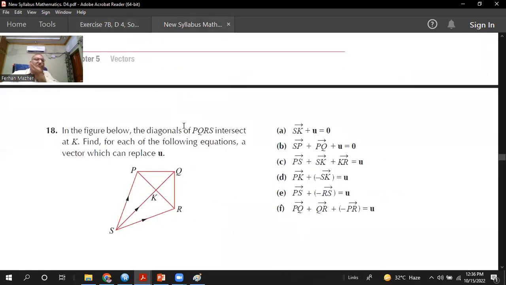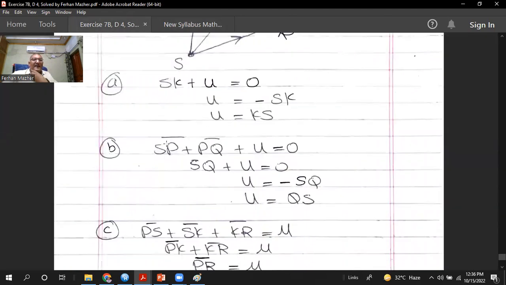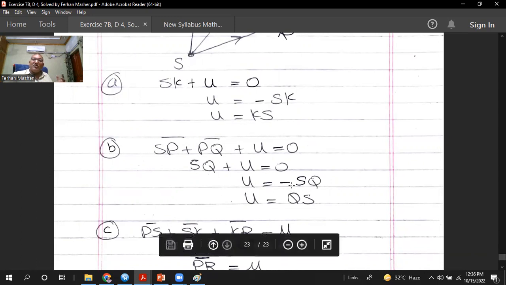Then SP plus PQ plus U equals 0. SP plus PQ is SQ, plus U equals 0. This SQ will go to the other side and subtract there. So U will be equal to minus SQ. When you convert this sign, the order will change, so U will be equal to QS.